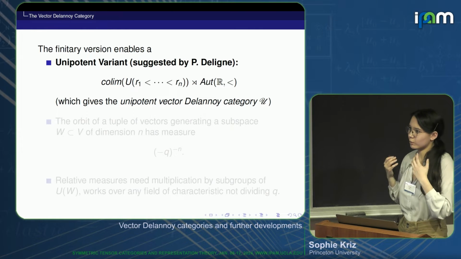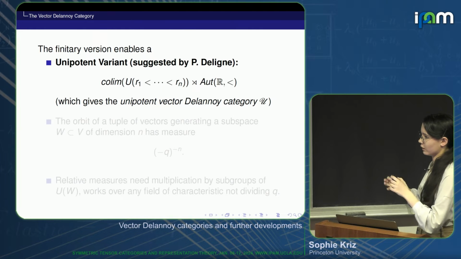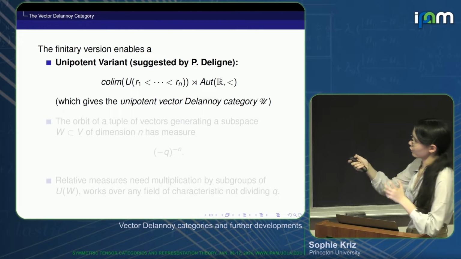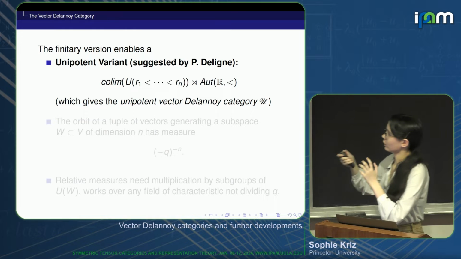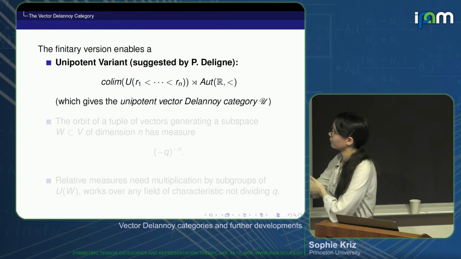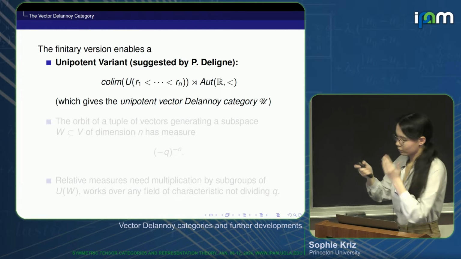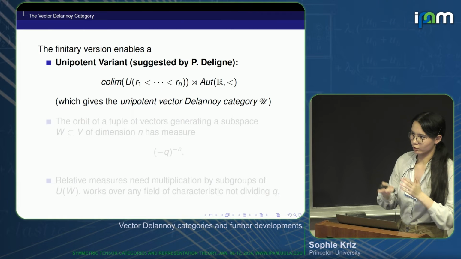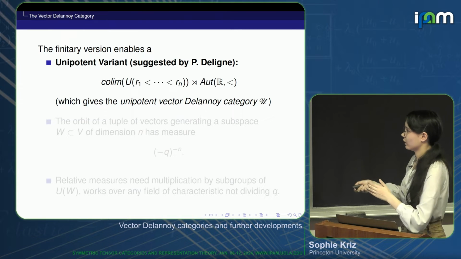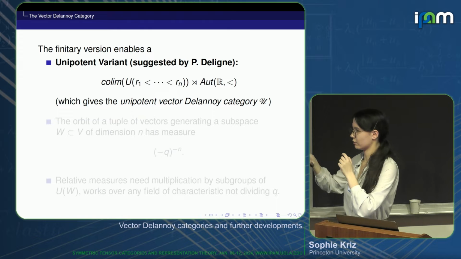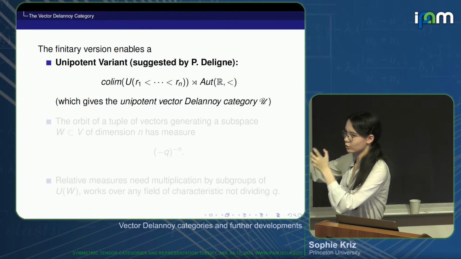But perhaps an even more interesting or closer analog of the Delannoy category is a unipotent variant, which I constructed following the suggestion of Pierre Deligne, where I use this finitary version of the Borel subgroup. What it allows is that I can replace B by the unipotent subgroup.